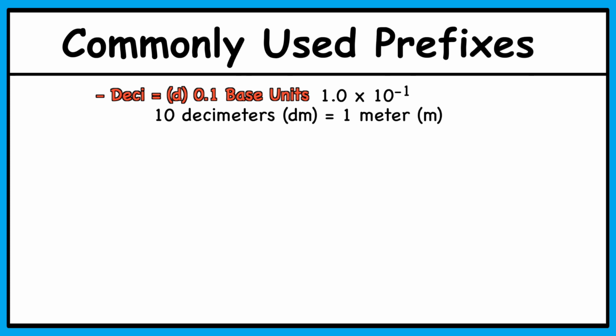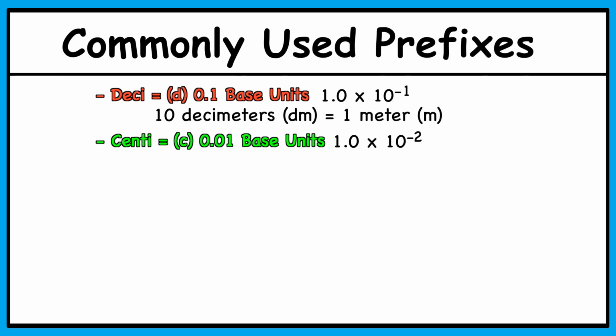We can continue and get smaller with the prefix centi, or lowercase c. Centi means 100th or 0.01 base units. It can be put in scientific notation by saying 1 times 10 to the negative second power of base units, and just to reiterate, there are 100 centimeters in 1 meter.